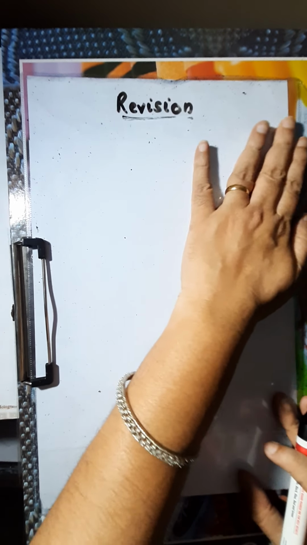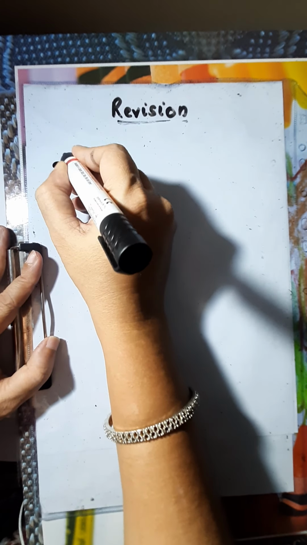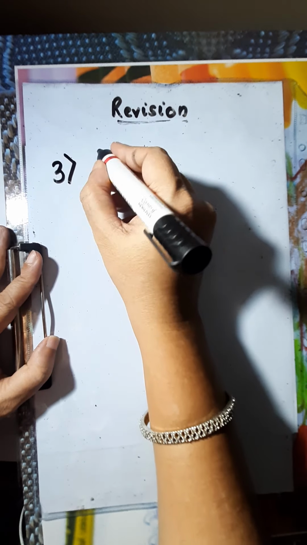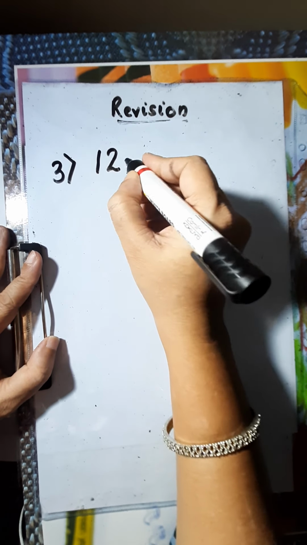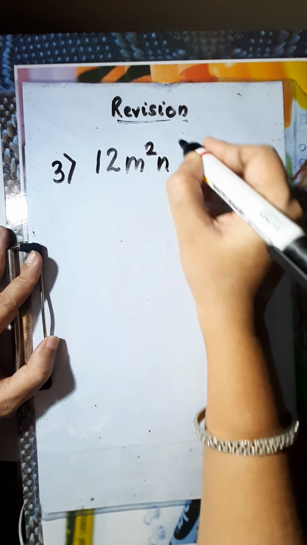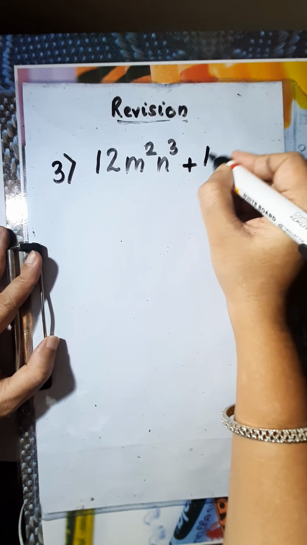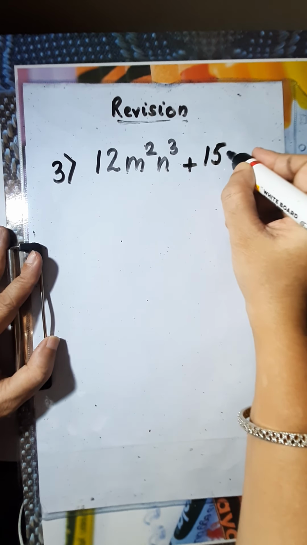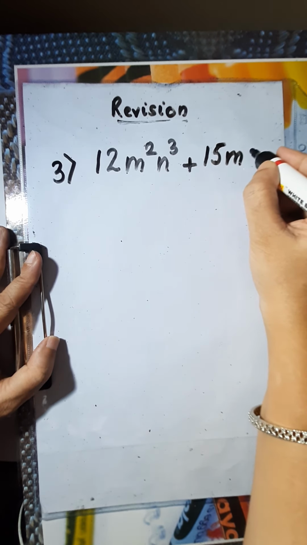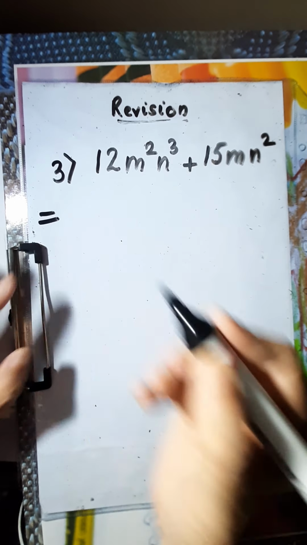See the third sum of this type: 12m square n cubed plus 15mn square. Now let's do it in two ways.